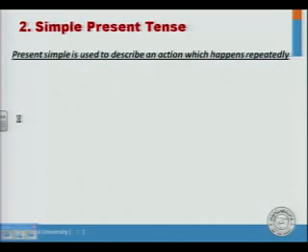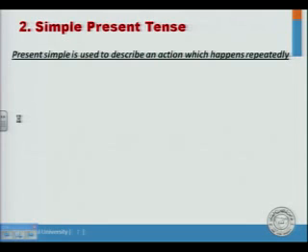To differentiate between these different tenses, today we focus only on simple present tense. Again, simple present tense means an action or an event which happens repeatedly only, يحدث بشكل متكرر, and not now.